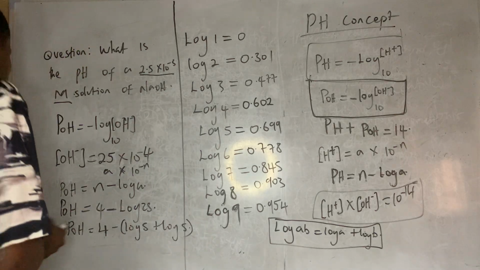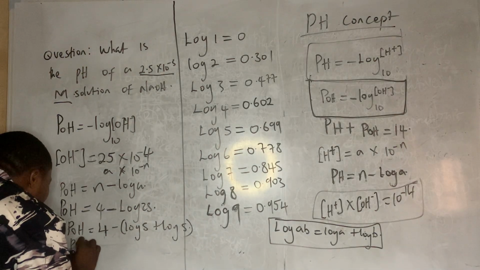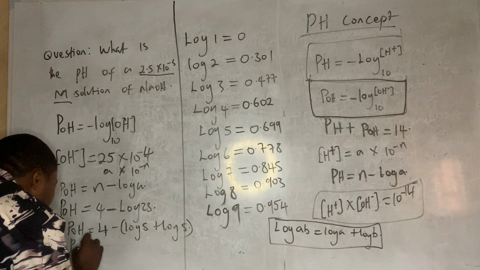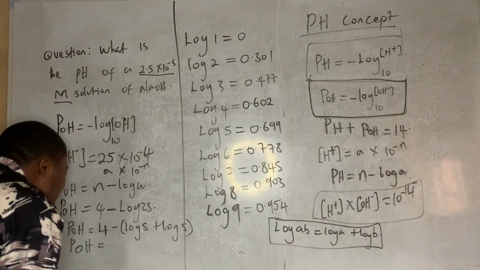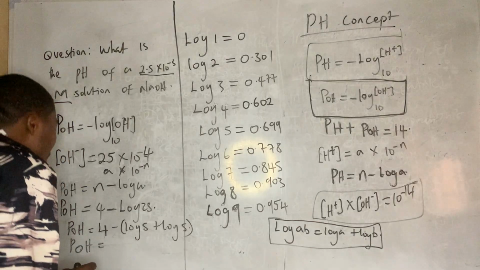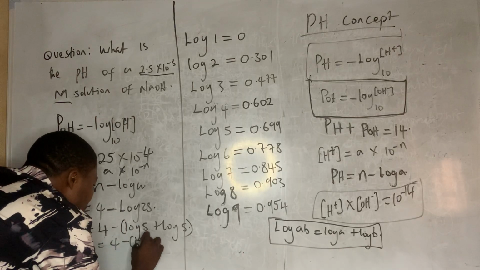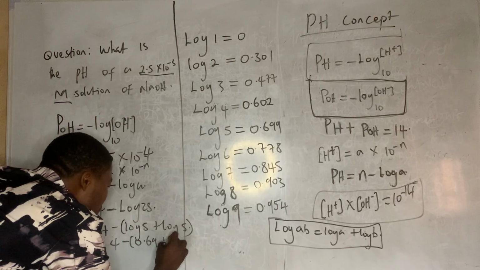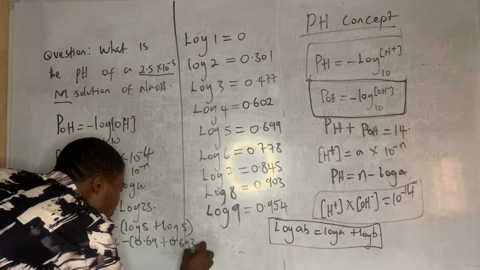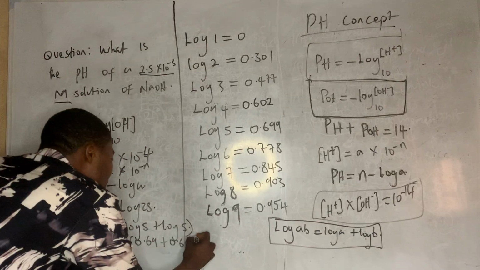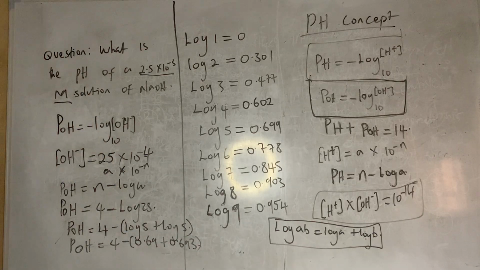So therefore, what's my pOH? Remember we're still on pOH. My pOH is therefore now equal to 4 minus 0.69 plus 0.69. That's my pOH.